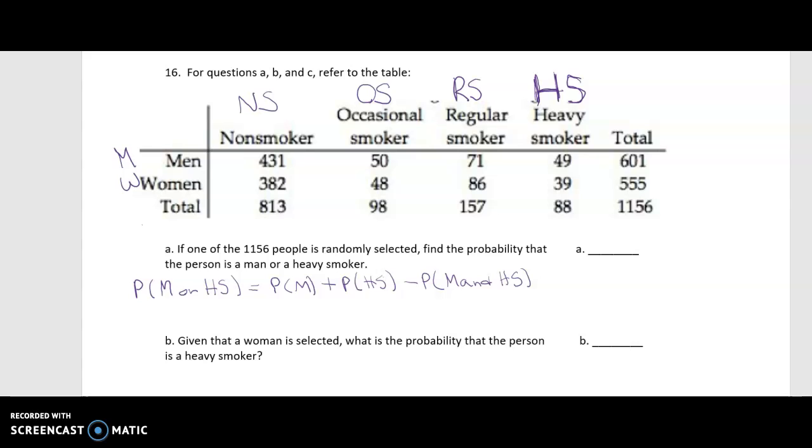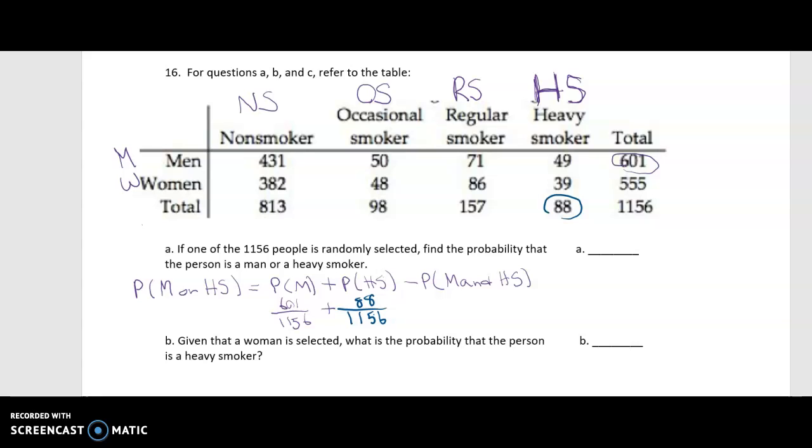So the probability of someone being a man would be the total of 601 men out of the total of the whole table, 1,156. The probability of someone being a heavy smoker would be the total number of heavy smokers, 88, out of the total number of people in the table, 1,156.